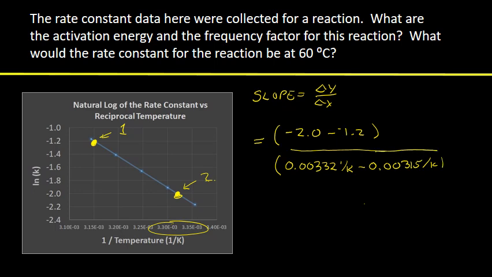Okay, kind of weird, right? The numbers are a little bit weird here. In the numerator, minus 2 minus 1.2 is minus 2 plus 1.2. So this gives us negative 0.8.